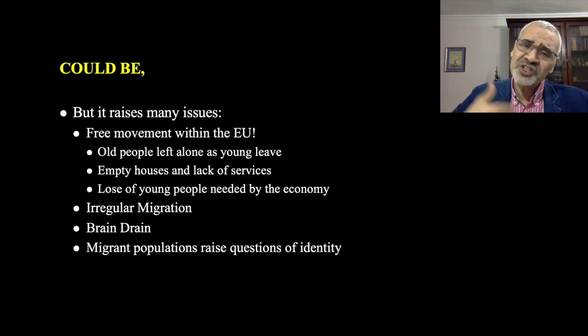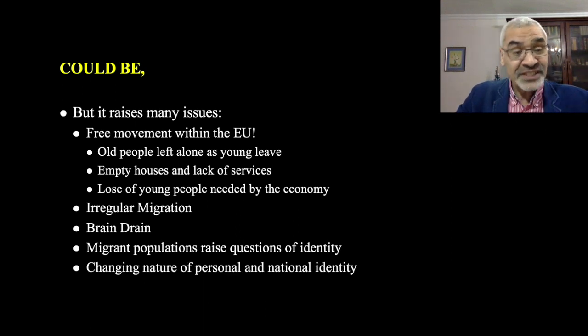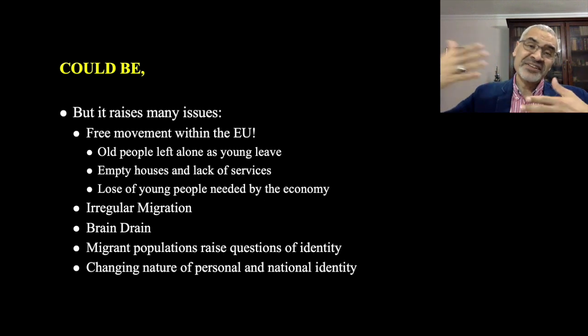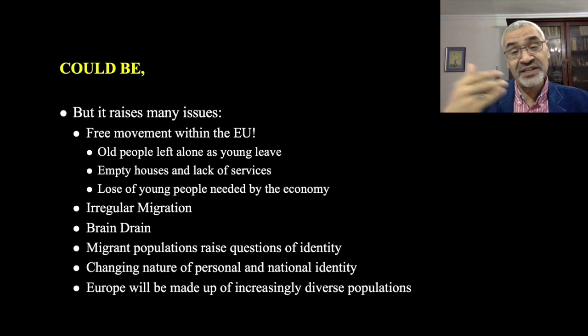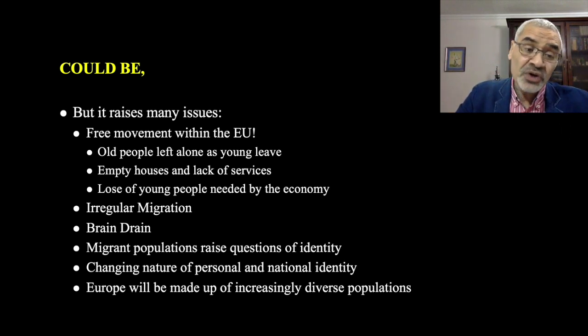They have their own culture, they have their own beliefs, and they may not integrate easily into the population of host countries. So there is a changing nature of personal and national identity. We talk about transnationalism and dual identity, and all of these issues are also to be considered when you talk about migration as a solution for balancing the age structure of the world population in different regions of the world.